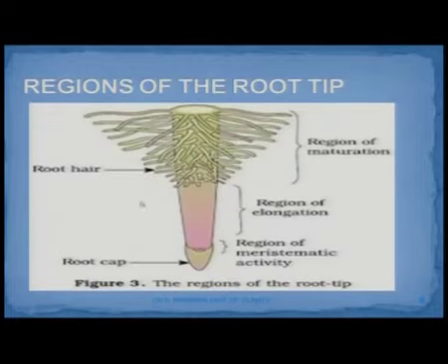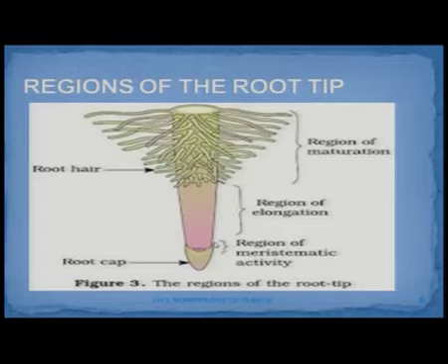Let us see the structure. Here at the very bottom of the root tip, you can see a root cap. As I just told you, this root cap is protective in nature. Its main function is to protect the root tip from the damage. Just above the root tip, you can see there is the region of meristematic activity.